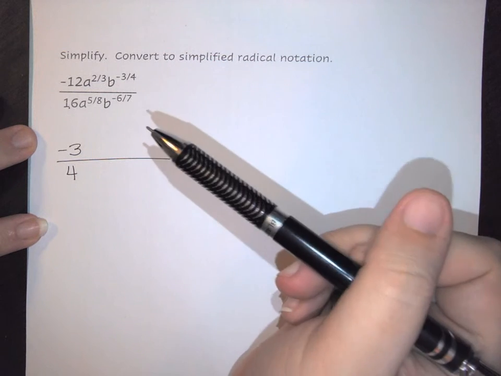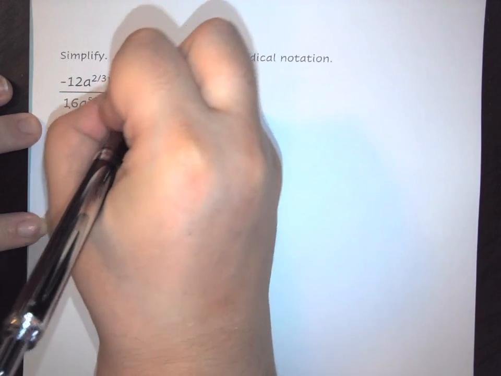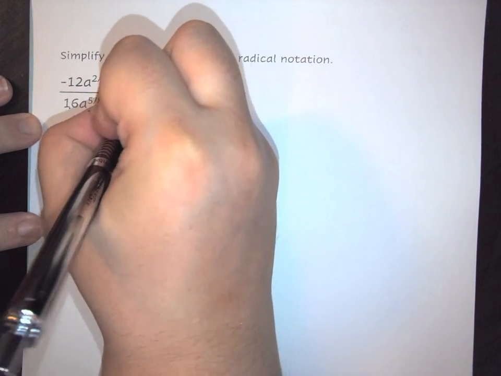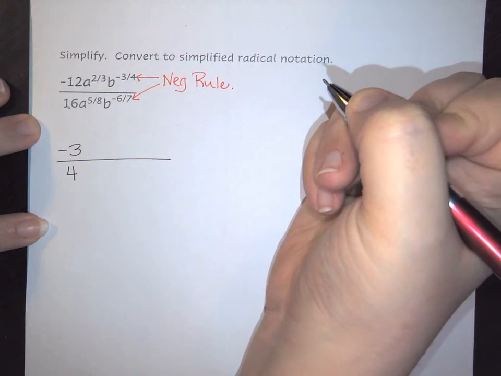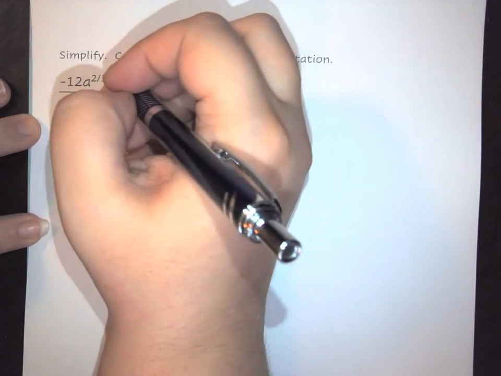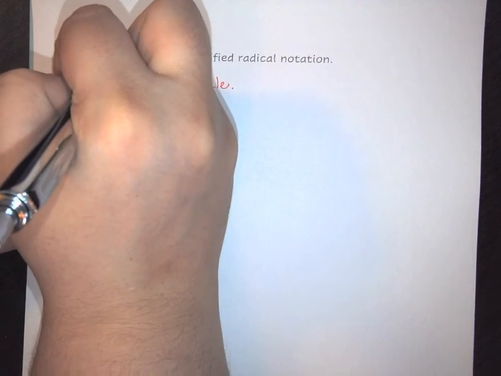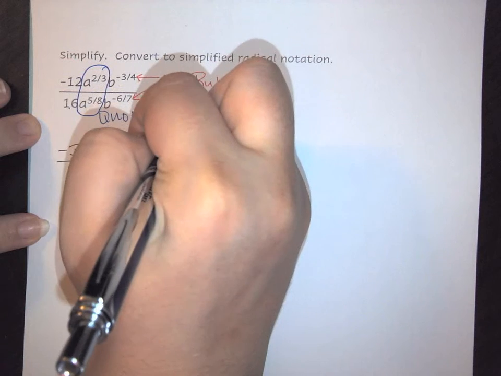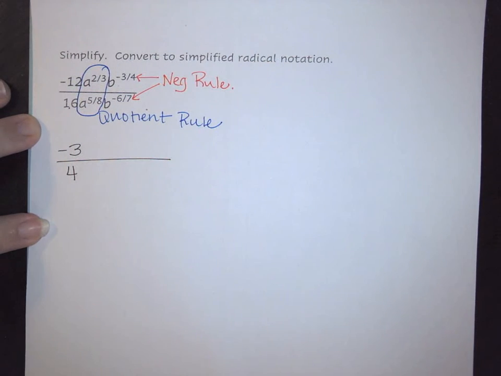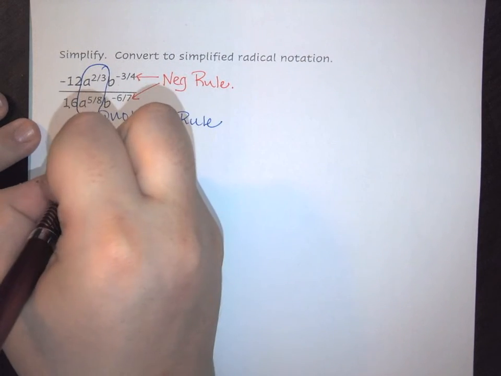Now, I want to go ahead and take a look here at both of these, and these are the negative rules. The other thing that I have here with my a terms, so this piece right in here, is the quotient rule. So the first thing we're going to look at is your quotient rule. So the quotient rule says that we're going to subtract up to the bigger term.